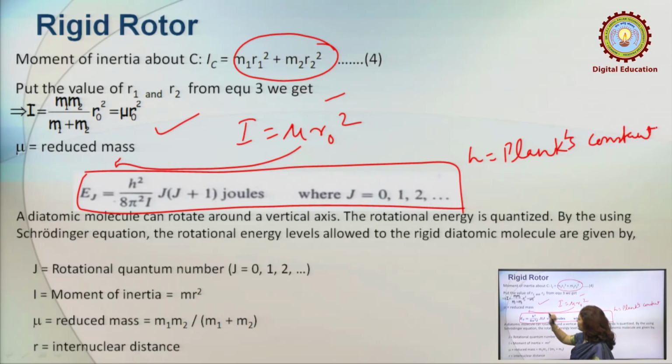You know, this is your reduced mass, M1 and M2 are the masses of the atoms and R is your internuclear distance. With the help of this, we can calculate the moment of inertia I.